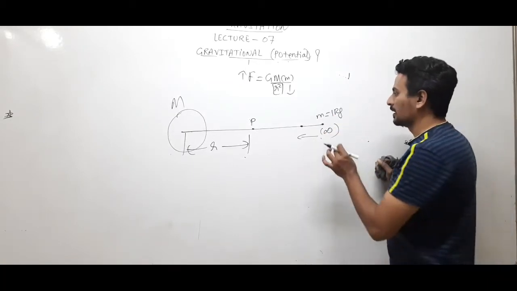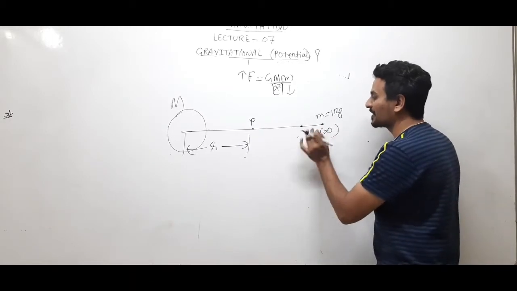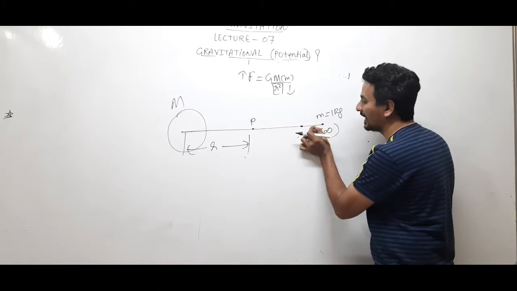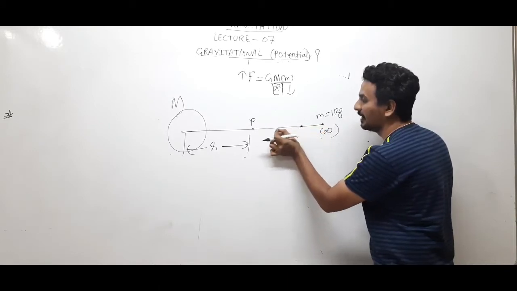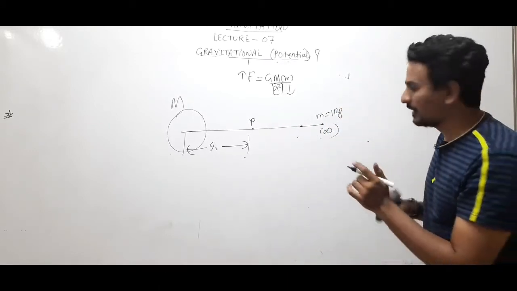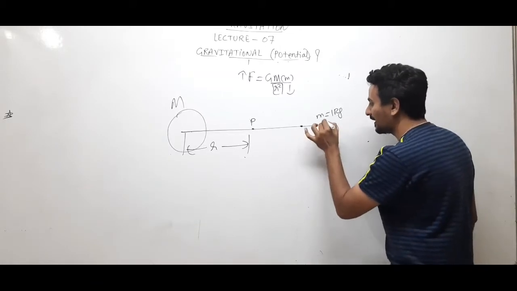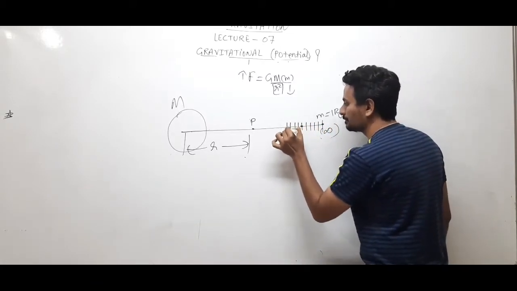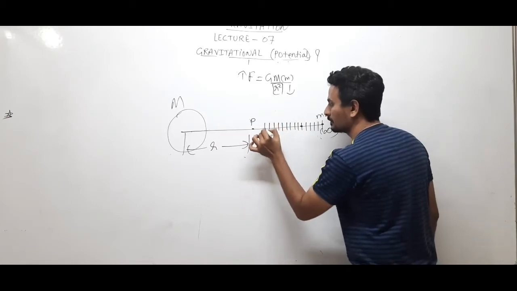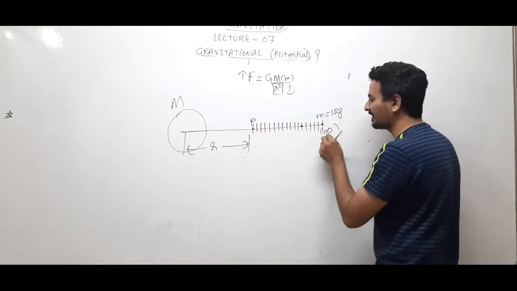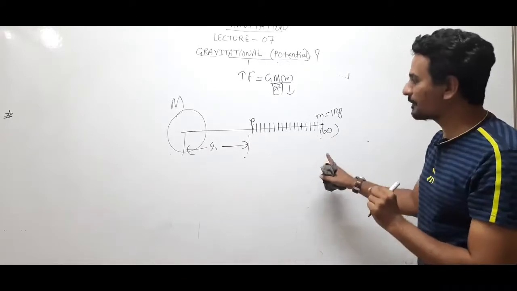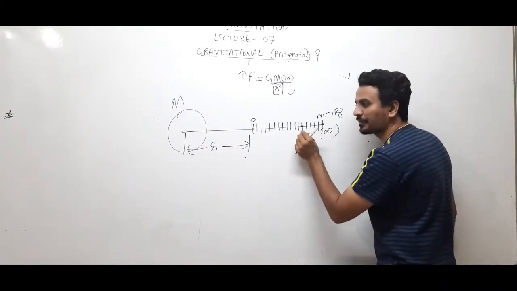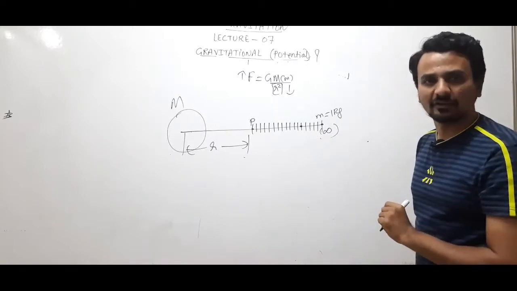So we will follow the procedure in which mass m will be moved very slowly and in very small steps. That means I can divide this entire path so that mass m is taken from infinity to a point P in very small steps and it will not possess acceleration.